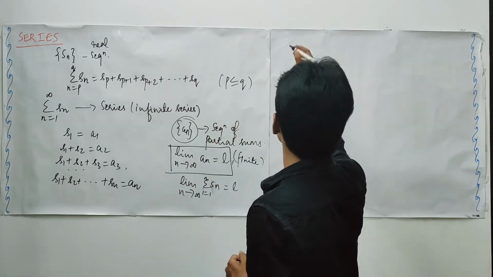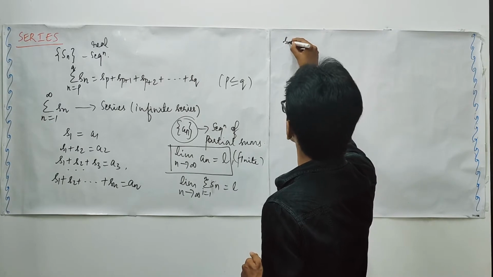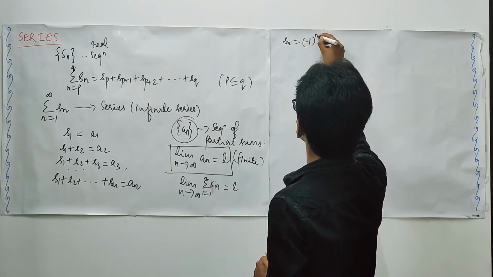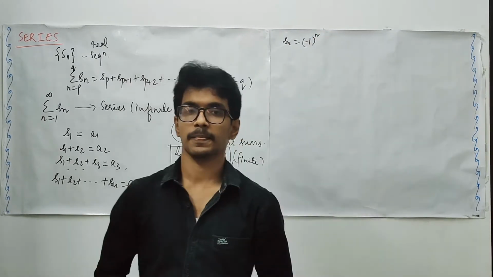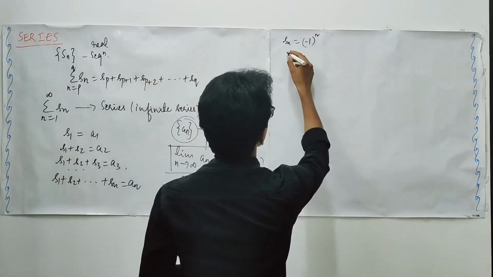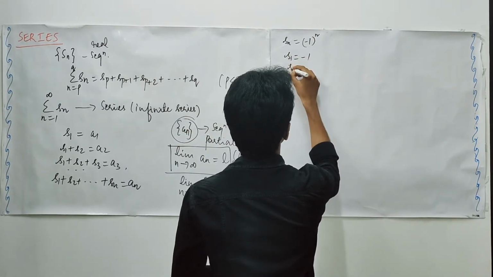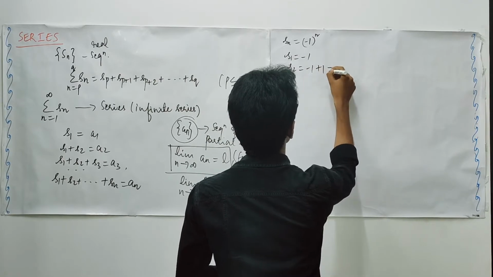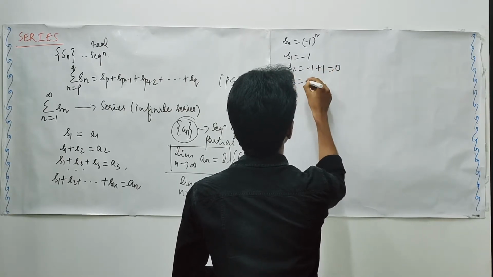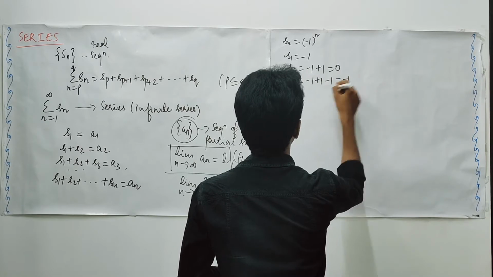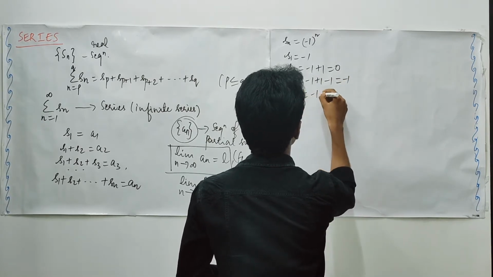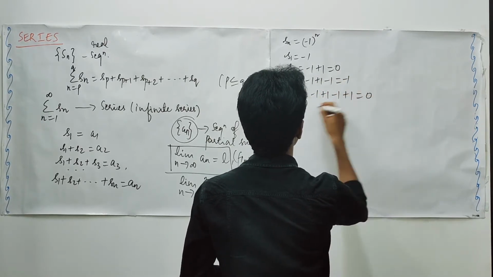Let us see some examples. Let me consider Sn to be minus 1 to the power n. Here S1 is minus 1, S2 is minus 1 plus 1, which is 0. S3 is minus 1 plus 1 minus 1, it is minus 1. S4 is minus 1 plus 1 minus 1 plus 1, which is 0.